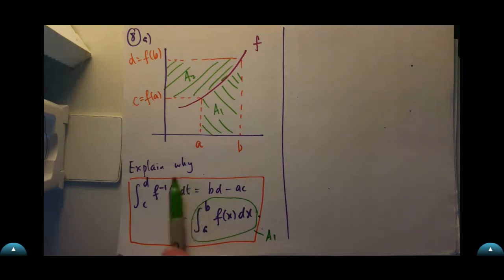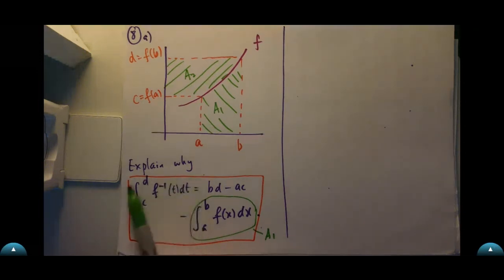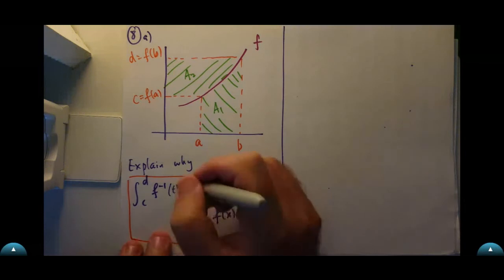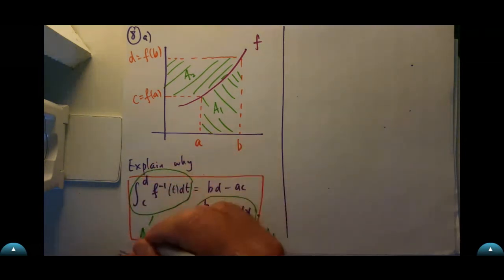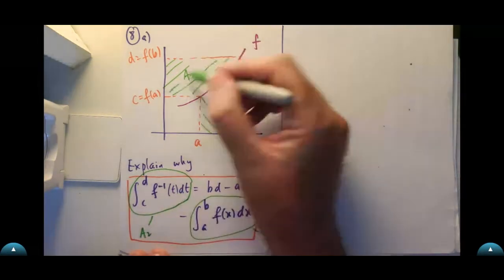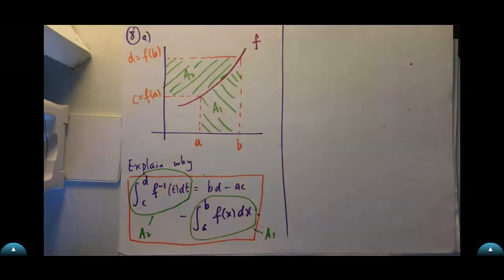What do you think this integral will give you the area of? Who can tell me on the chat? Which region do you think this integral will give you from the picture? A2, Kevin, on point as usual. So this integral will give you the area of this region.